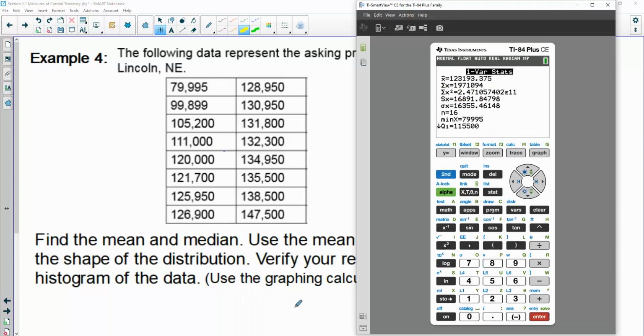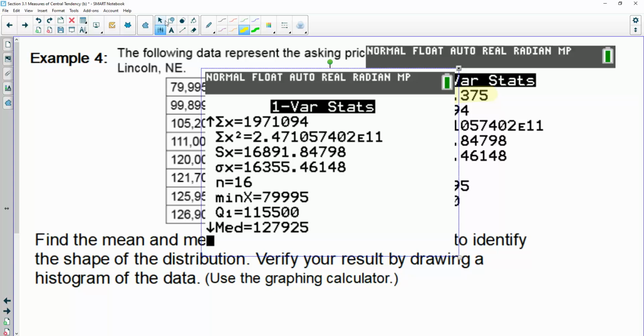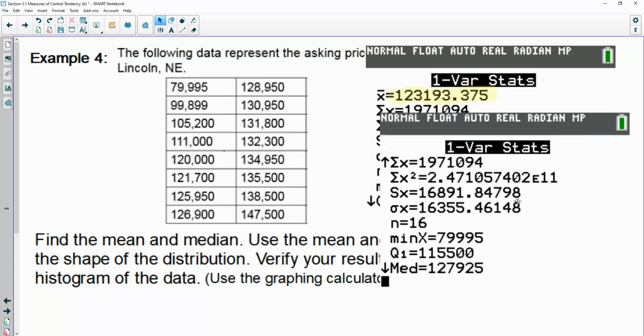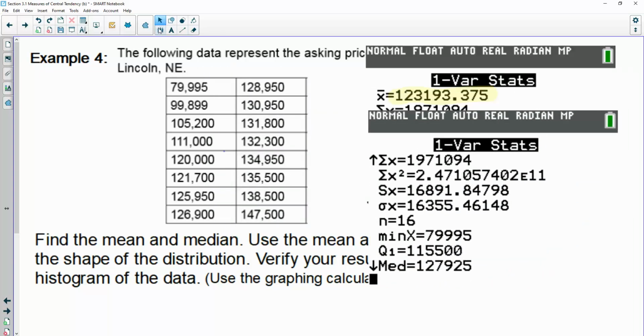The median, if you scroll down, it says Med. So our median is listed right here. And it tells us a lot of other stuff. Some of it we'll eventually talk about, but not today. Right now we're just looking at the mean and median here.